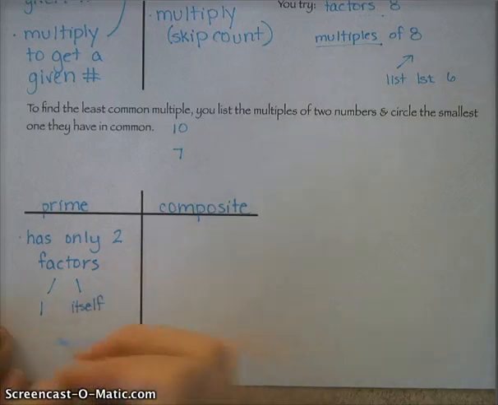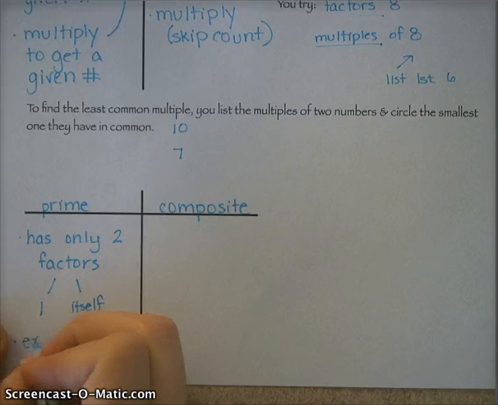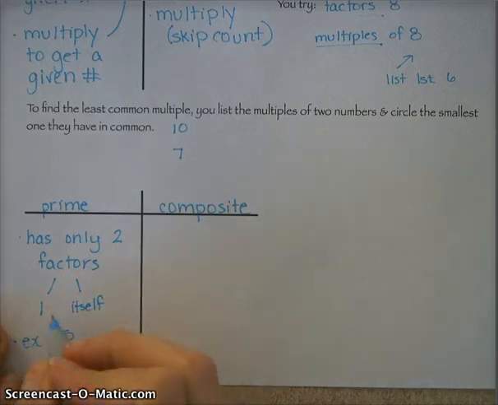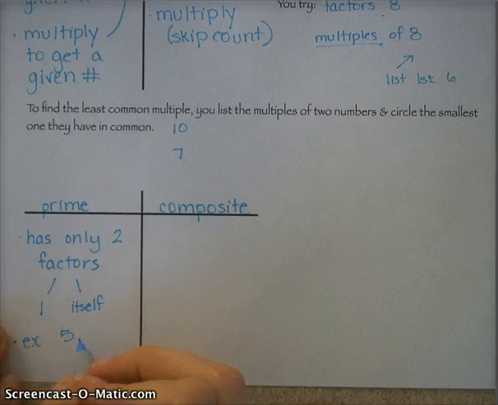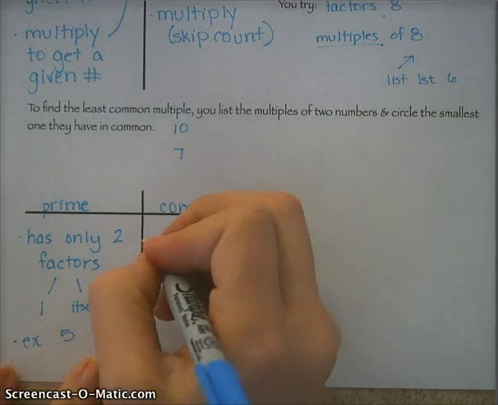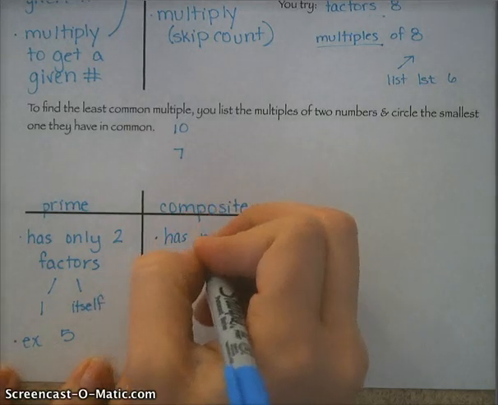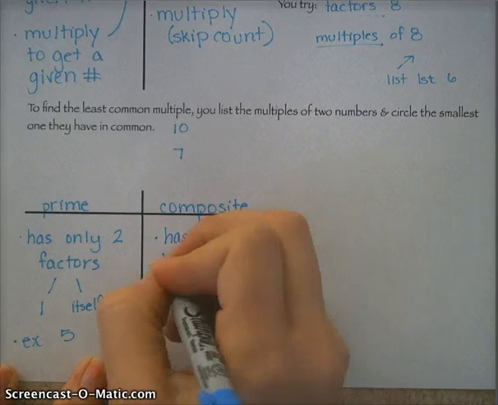So for example, the number 5, the only thing that 5 can be divided by is 1 and itself, where you would get a whole number. A composite number has more than 2 factors.